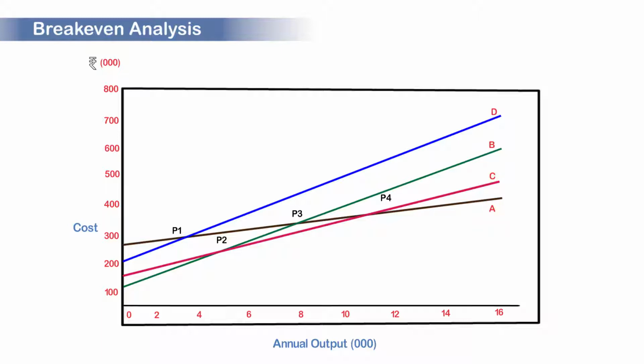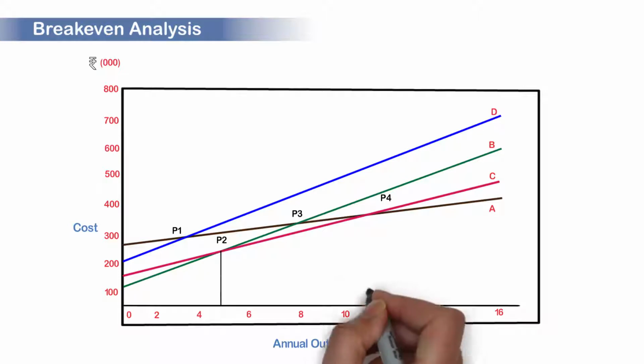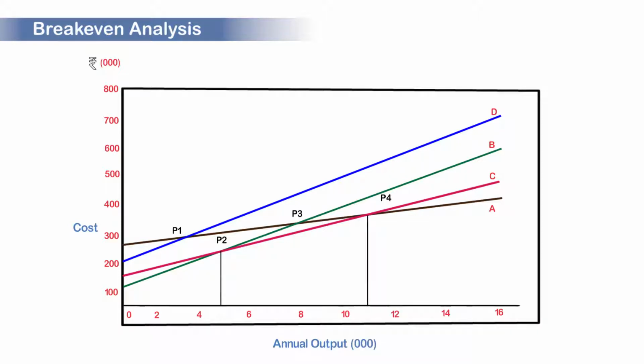From this, we can analyze that the lowest total cost curve is formed with the help of the total cost curve of location B from the initial stage of quantity till the breakpoint P2, say 0 to 5000 units. From breakpoint P2 to P4, the lowest cost curve is formed with the cost curve of location C, say from 5000 units to 11,000 units.